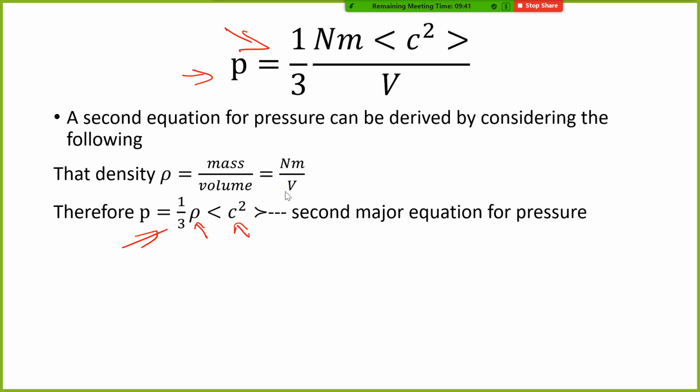We have to take into account all the masses, which means multiplying by the number of molecules, because they would have the same mass. So you just multiply that by m, divide by the volume, and you call it a day. That gives you this equation: pressure is equal to 1/3 times density times the mean square speed.